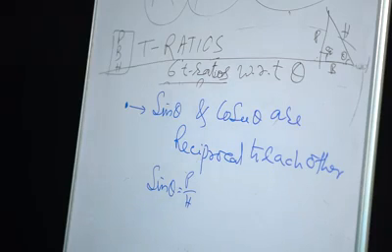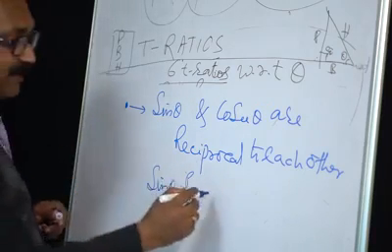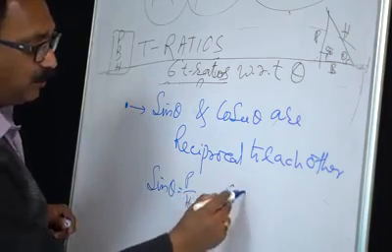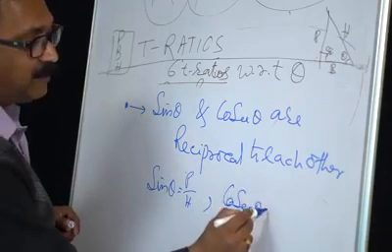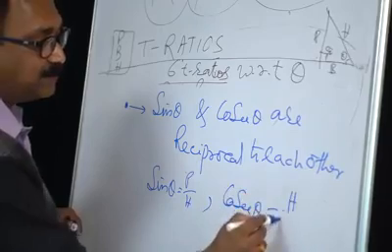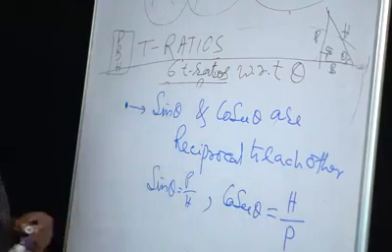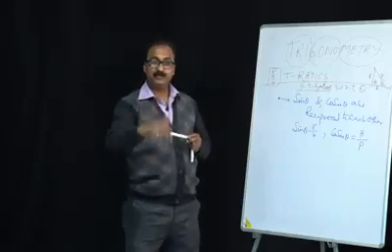Now if 3 is a number, the reciprocal is 1 by 3. That means just upside down. So cosec theta is the reciprocal, and we get cosec theta equal to hypotenuse by perpendicular, just opposite. P by H, H by P.